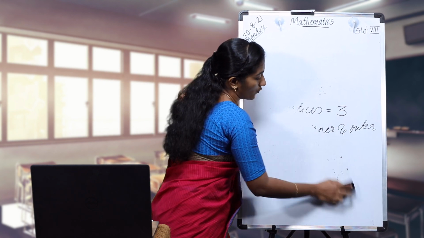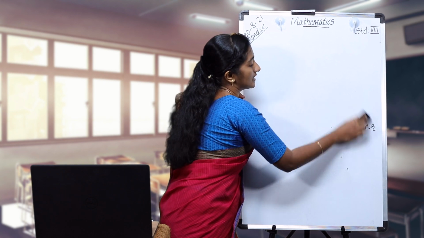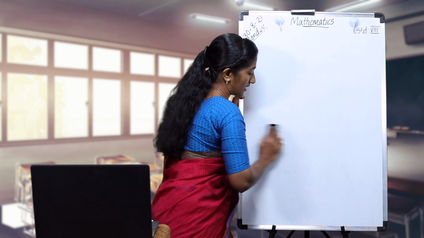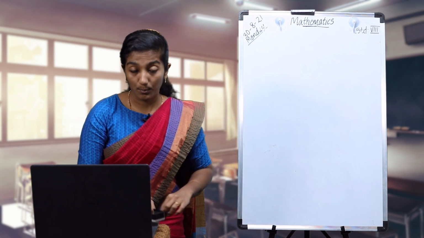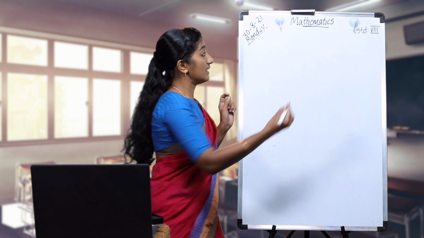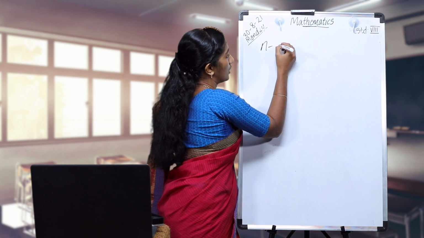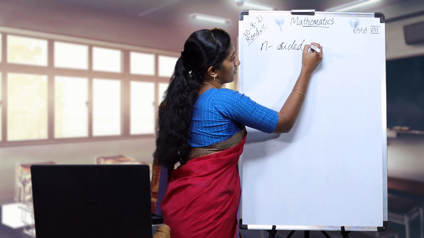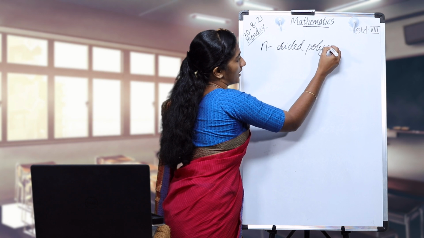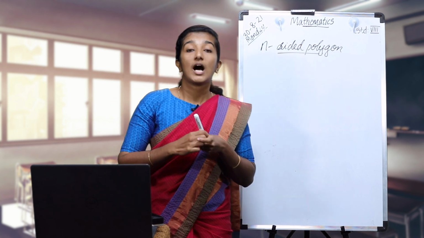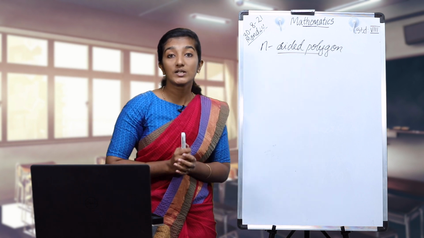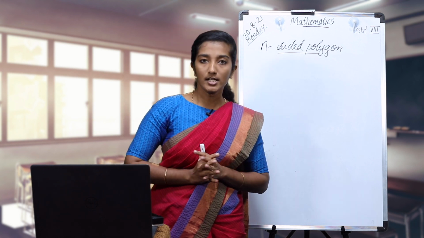Okay, now we are going to find the sum of outer angles of an n-sided polygon. First we found the sum of outer angles of a three-sided polygon.